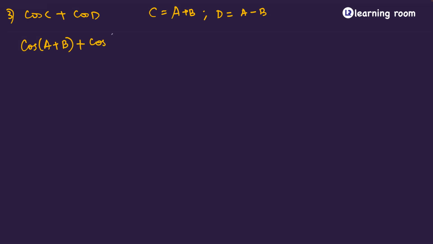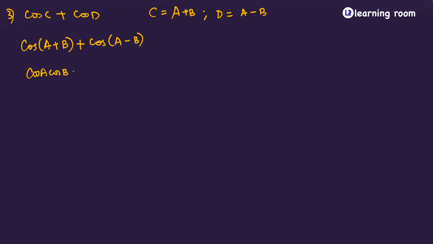Okay. The next set that we are supposed to see is cos C plus cos D, where C is still going to be equal to A plus B and D is going to be equal to A minus B. So this is going to be cos of A plus B plus cos of A minus B. What is cos of A plus B?